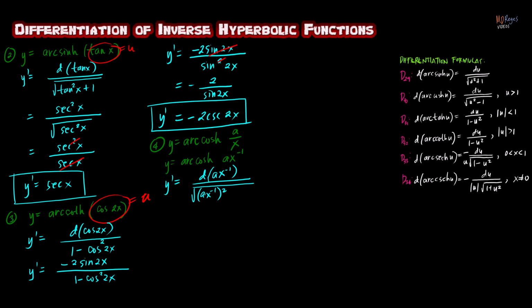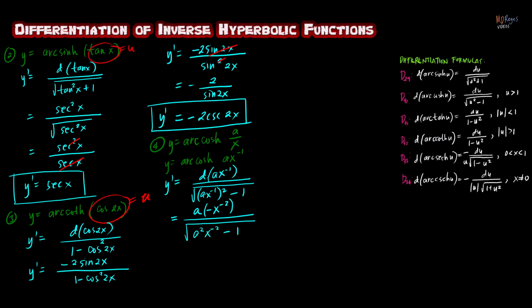We'll simplify our answer and get the derivative of the numerator. According to the power rule, a is just a constant, so just copy a, and the derivative of x raised to negative 1 is negative x raised to negative 2. Over the square root of a squared, since squaring x raised to negative 1 gives x raised to negative 2, minus 1.